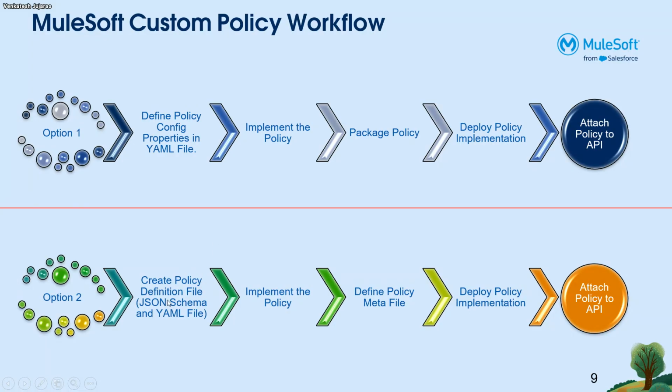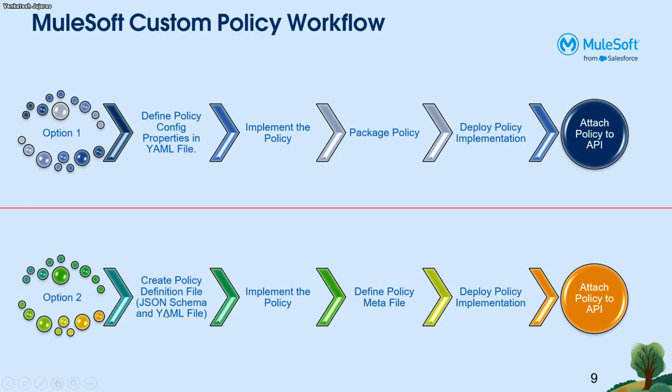Now with the latest workflow, there is a slight change. The configuration we had in the YAML file has been divided into two files: JSON schema and YAML schema. Within the YAML file, we configure the information about the policy, the category of the policy, and whether it is on the API level or the resource level or both.